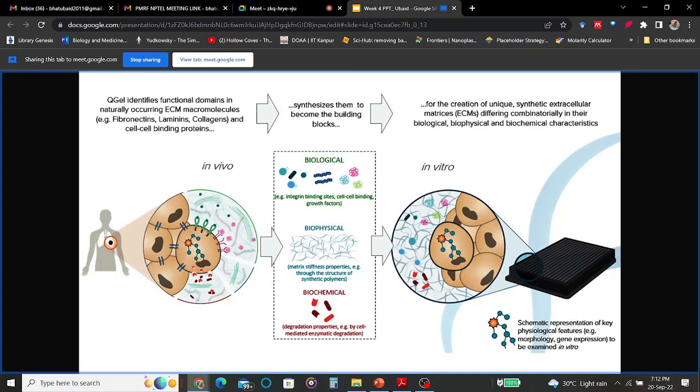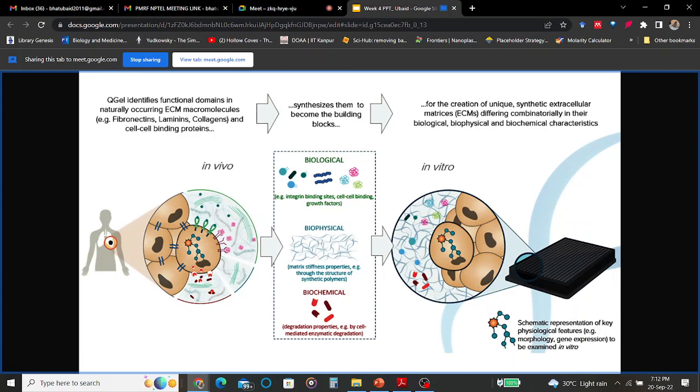Talking about the extracellular matrix, it is a major component of the tissue, and it adheres the adjacent cells. It also provides the biochemical, biophysical and physiological environment to the cells for their proper functioning.